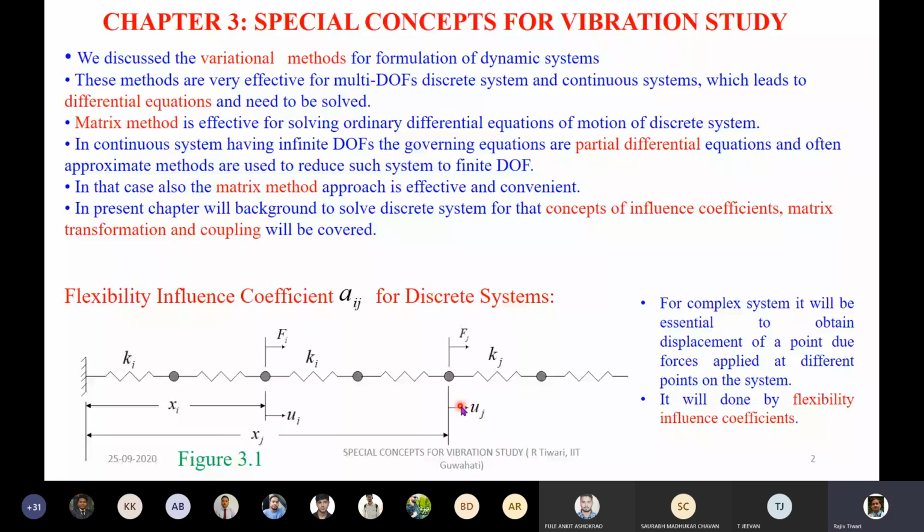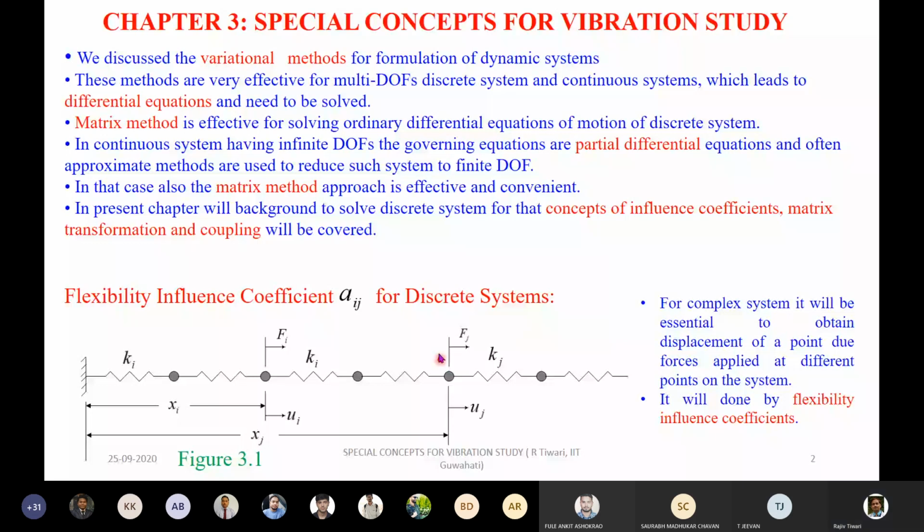But to begin with, we will consider one force, and we'll try to see what is the displacement because of that at some other mass location. Let us say we take only force Fj, which is acting on the jth mass.